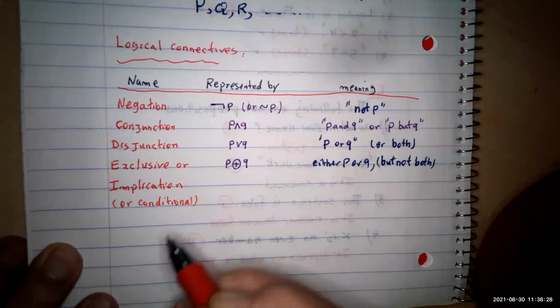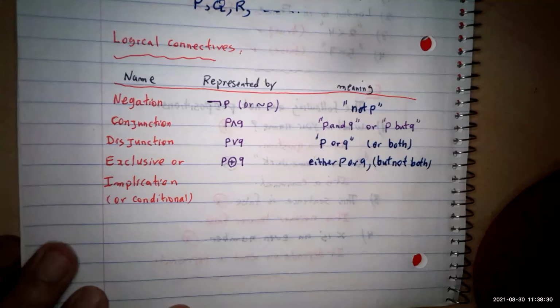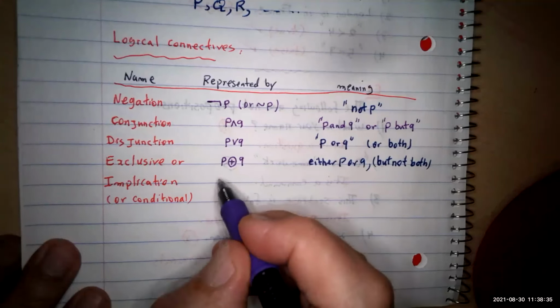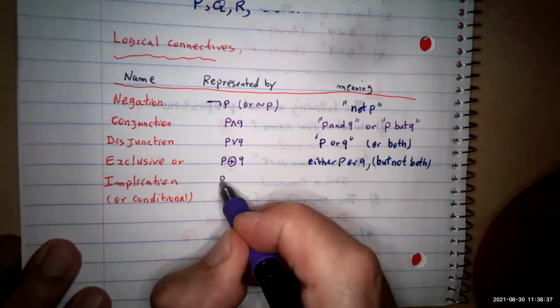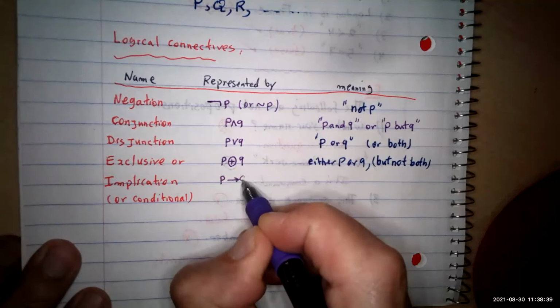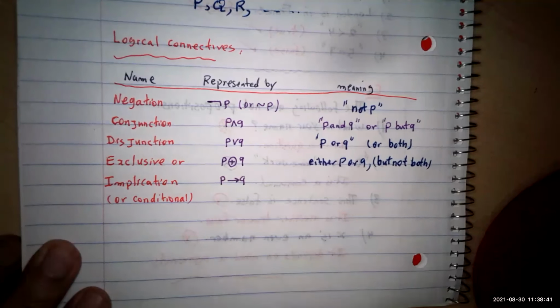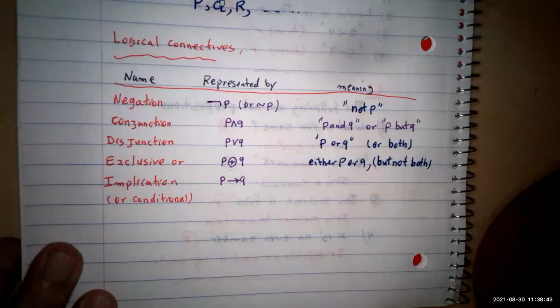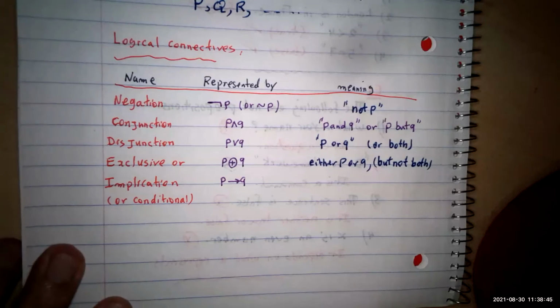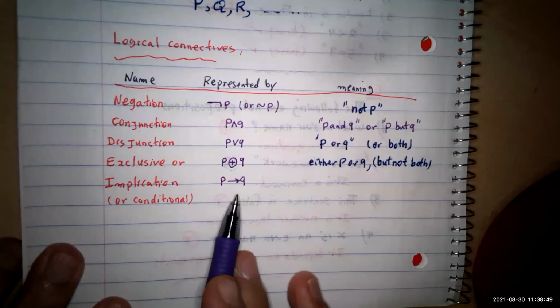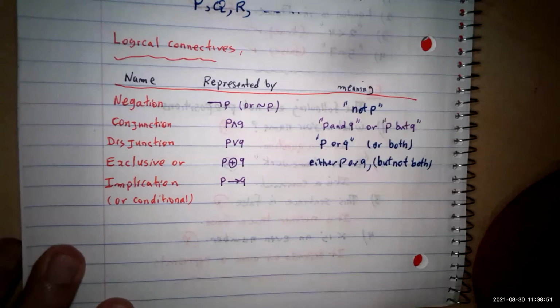Implication is the one that we are going to use all the time. You say P implies Q, or if P then Q. It means if P is given to you, then Q must follow.